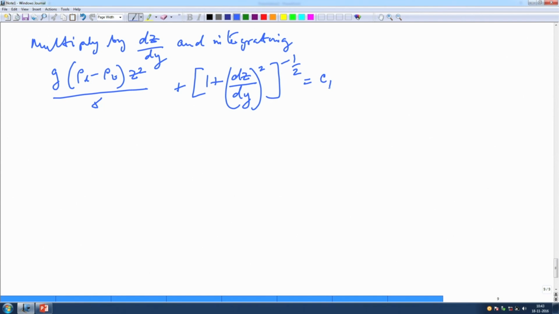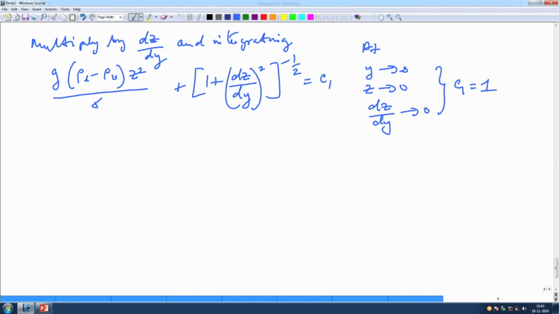The boundary conditions are: at y going to infinity, once again far away, and z going to 0, dz by dy should also go to 0, because the curvature becomes non-existent; there is no relative slope between z and y at the interface anymore. So, this should lead to C1 going to 1.